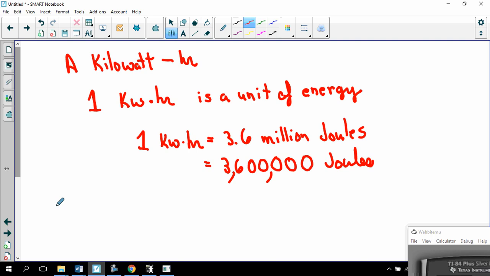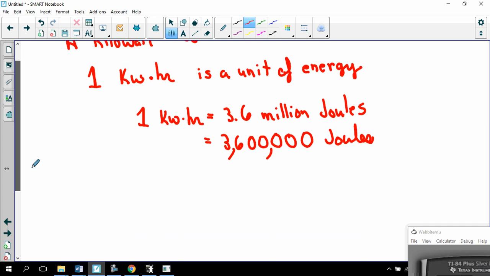Now, if the utility company wants to charge you 15 cents per kilowatt hour, that's the charge.